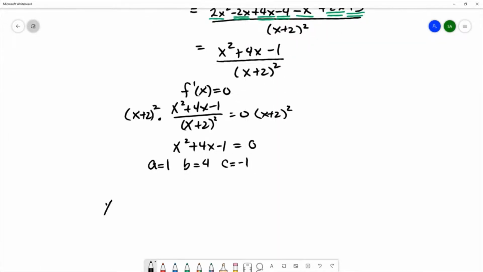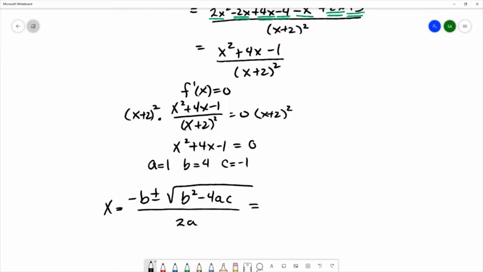My quadratic formula is negative b plus or minus the square root of b squared minus 4ac all over 2a. So I'll substitute those coefficients, and I'll have negative 4 plus or minus the square root of 4 squared minus 4 times 1 times negative 1 all over 2 times 1.